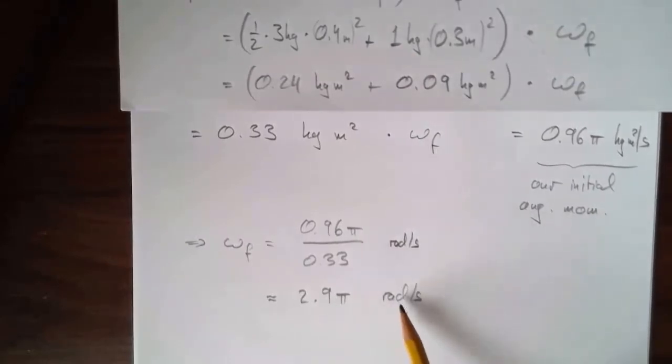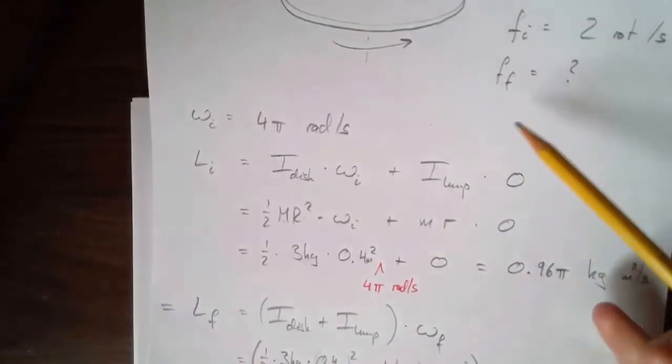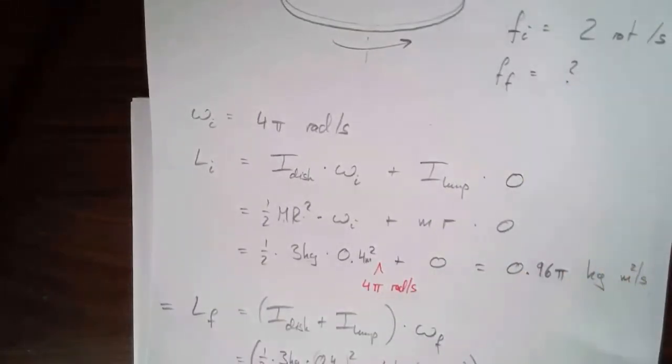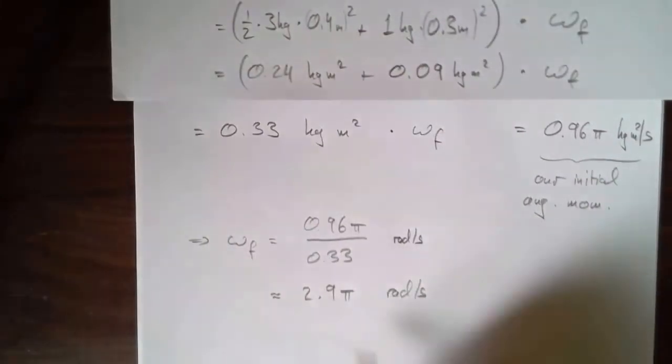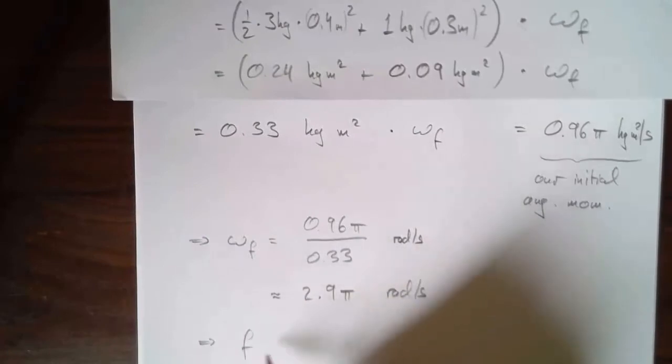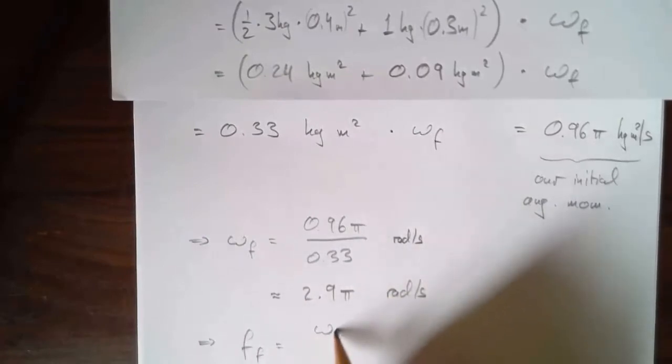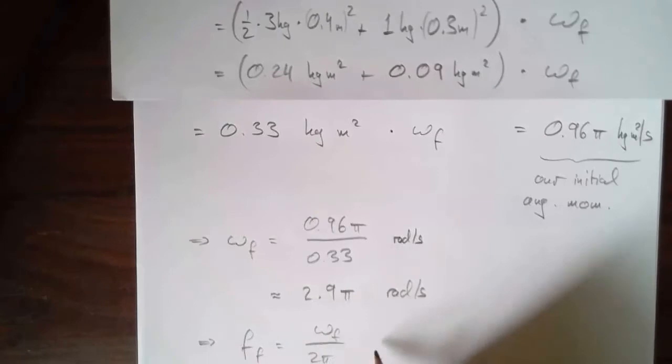Alright, so what do I do now? Well, I wanted to find a final frequency of rotation. I've got the angular velocity, so I want to know how many rotations per second that is. Well, I just divide by 2 pi.